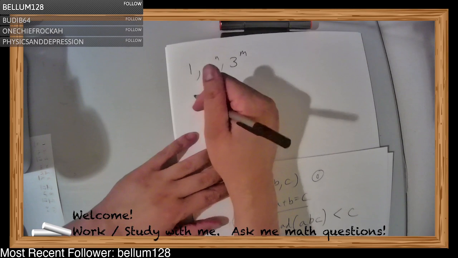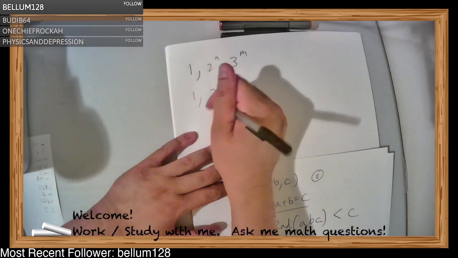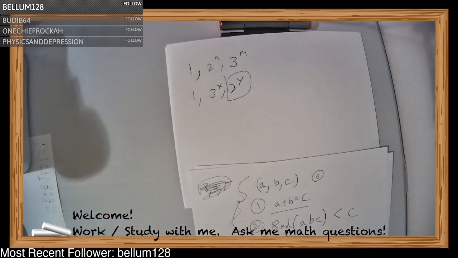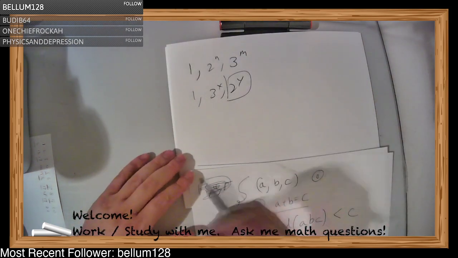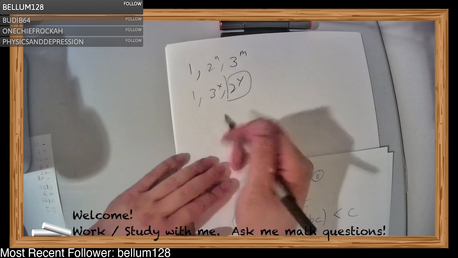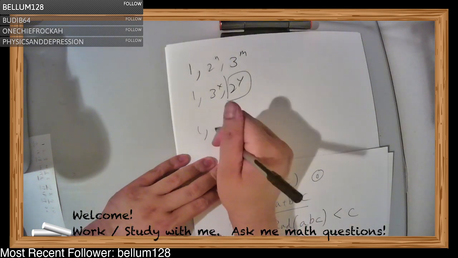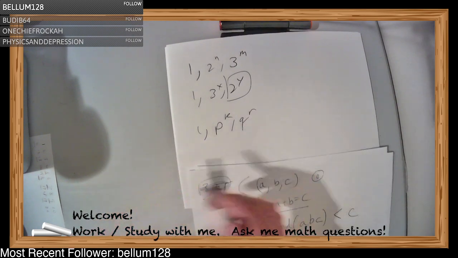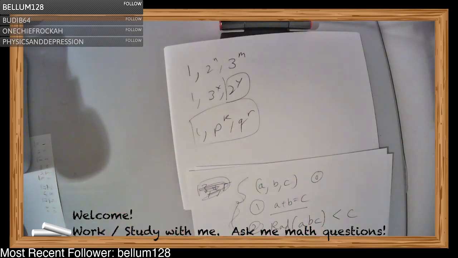And there are also infinitely many triples of the form 1, 3 to the x, 2 to the y, where this one's the bigger one. And I can keep going. It actually ends up being true that 1, p to the k, q to the r.